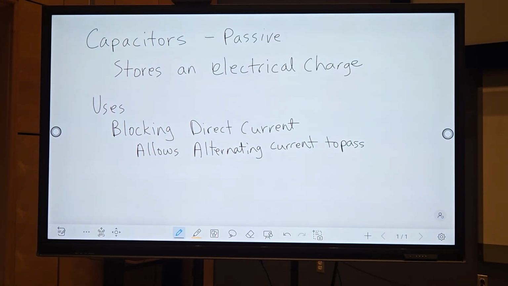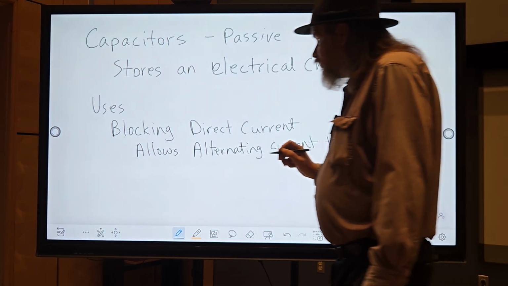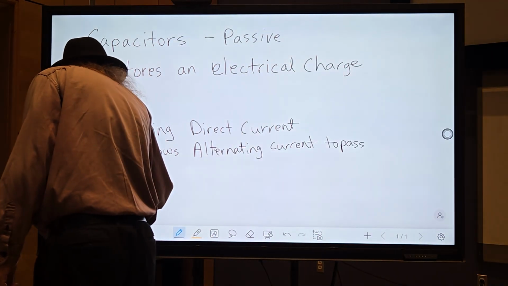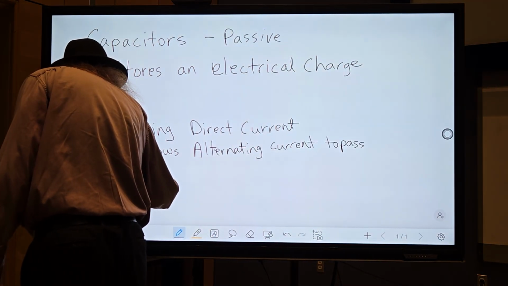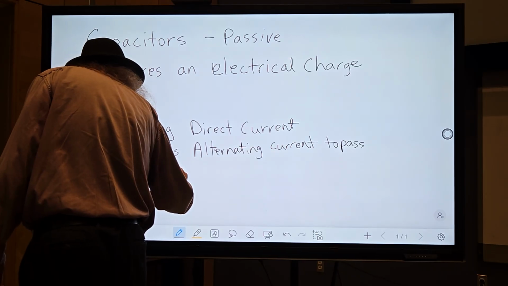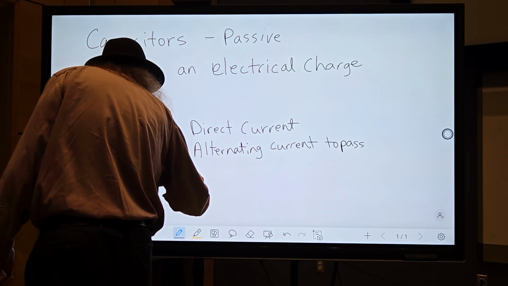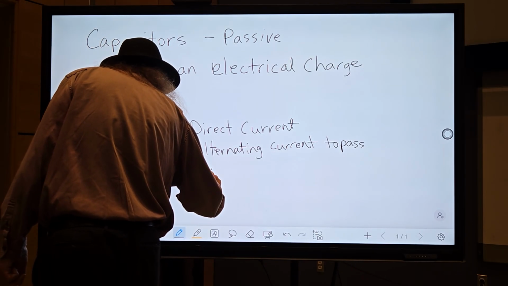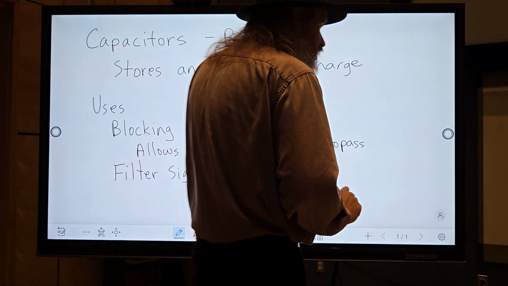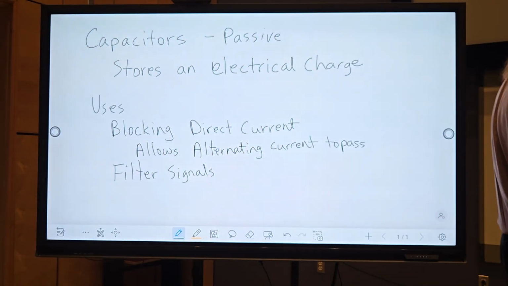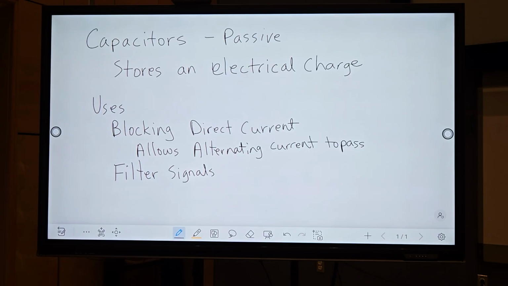In that regard, it can act as a filter. Whether you want the alternating current or the direct current, you can use a capacitor to filter out the unwanted signal.